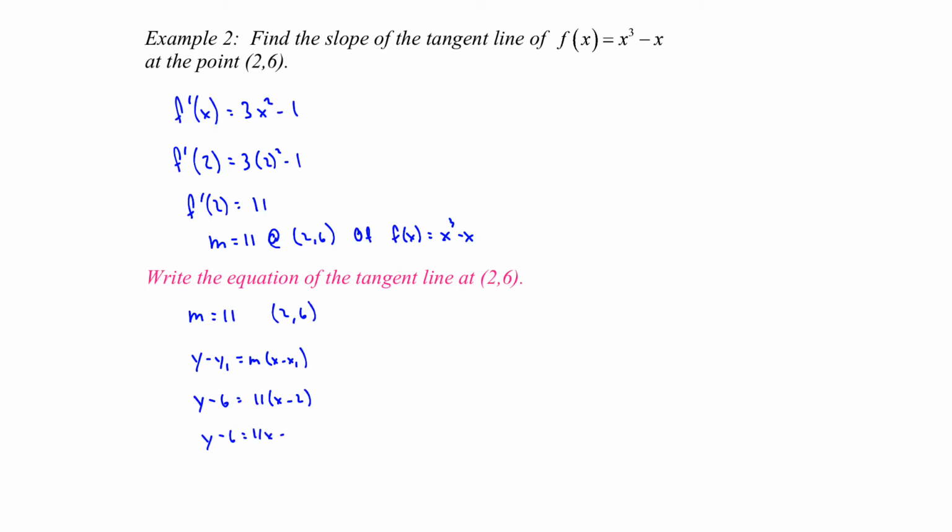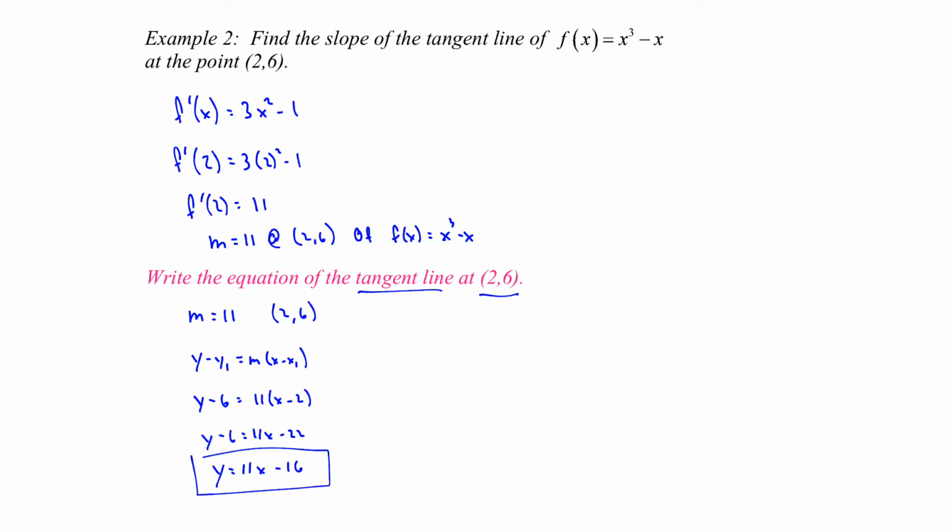So distribute and then add 6. And so here's the equation of the tangent line through the point (2, 6) with that slope of 11 at that given point.